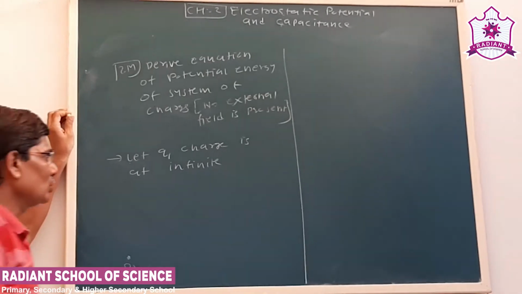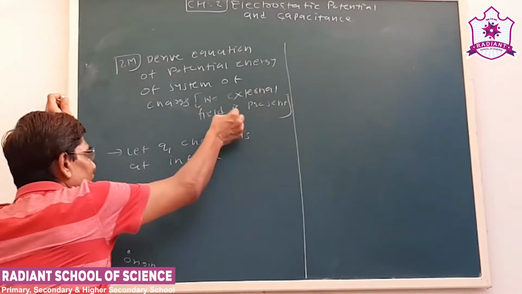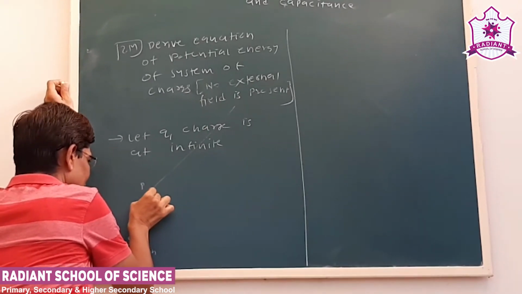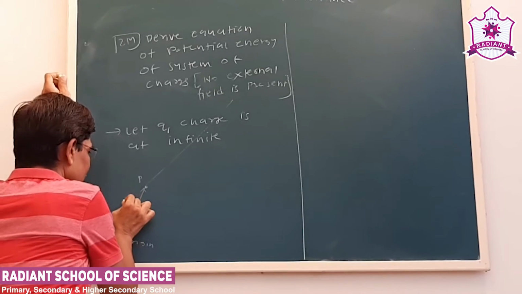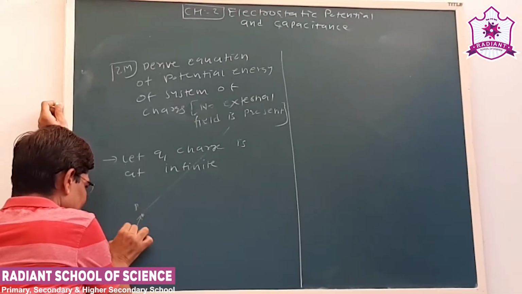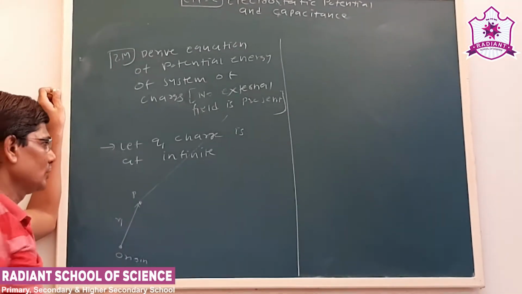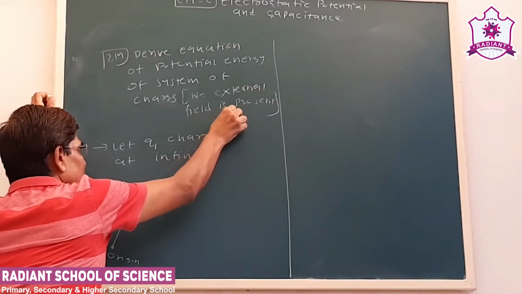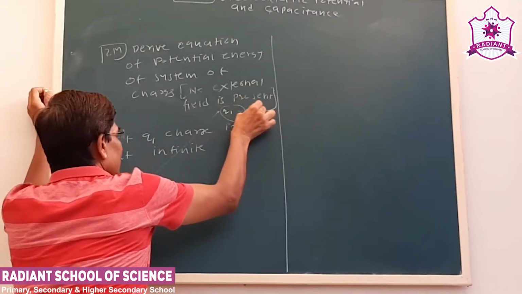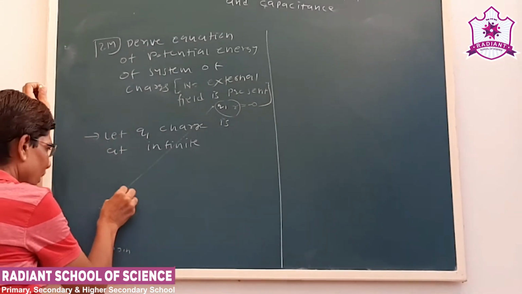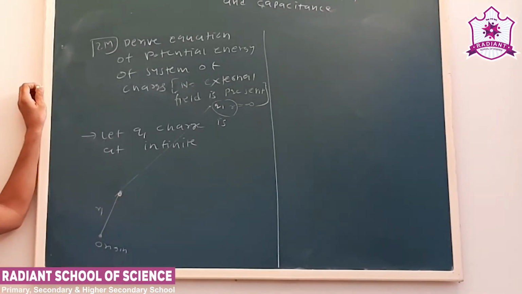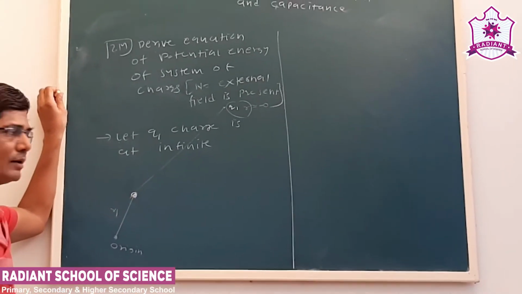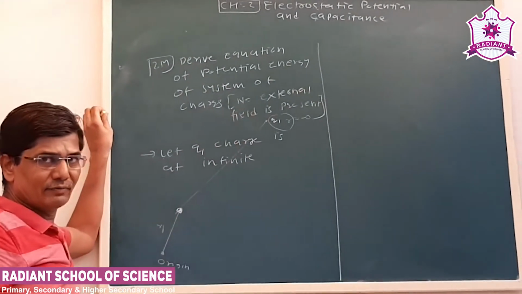Now when the Q1 charge is brought from infinity to a point P which has a position vector r1, any point in the space, initially no external field is present. So the work done will be 0, because the external field is 0.